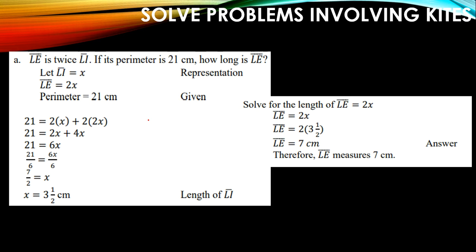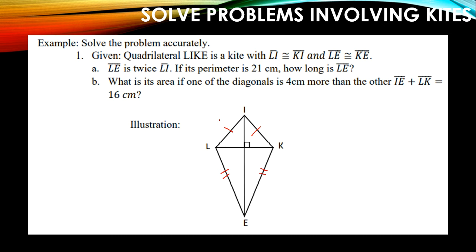If you're going to write the formula for the perimeter of the kite, I will write X, then 2X, and at the right side, X here and 2X here. So the perimeter is equal to X plus X plus 2X plus 2X.